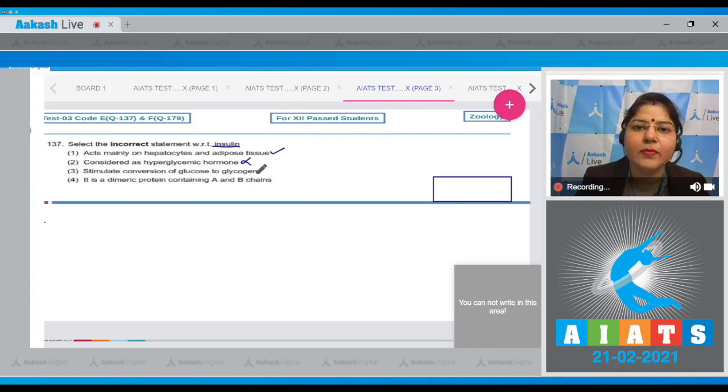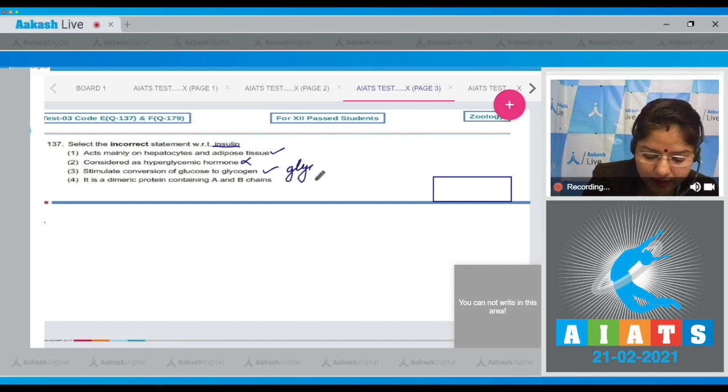Insulin decreases blood glucose level by facilitating the uptake of glucose by the body cells. Option number 3, stimulates conversion of glucose to glycogen. This is correct. Insulin promotes conversion of glucose to glycogen in the liver, and this process is known as glycogenesis.